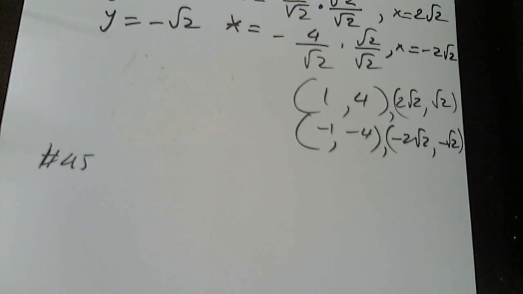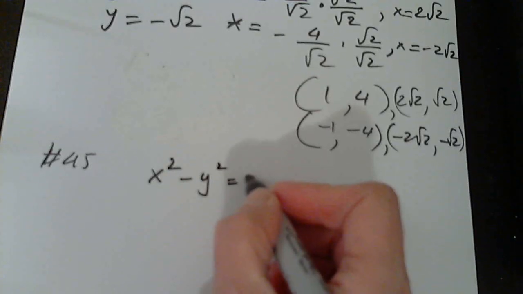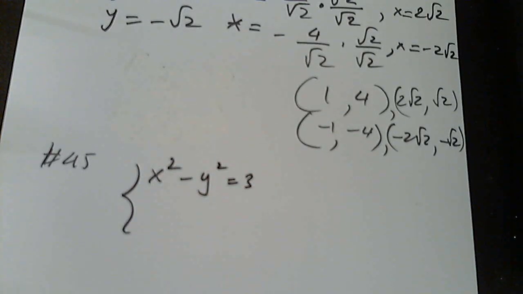It's okay if you're wrong. Just try. Anyone, please? Would it be x squared minus y squared equals 3? Of course. Excellent. Thank you. Good. Let's read on.